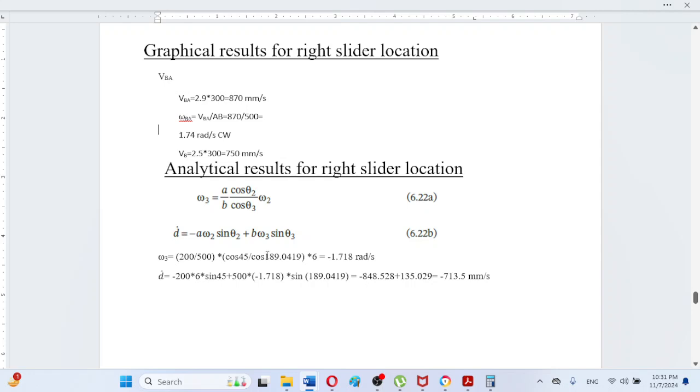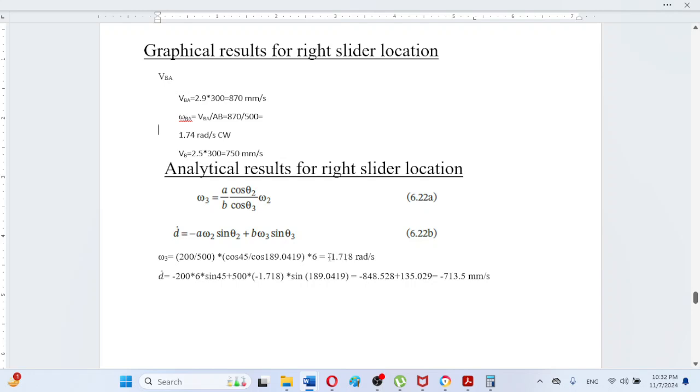So the angle, this angle 189.0419 is actually taken from the analytical results, because while verifying the analytical formulas we will be inputting the analytical angle results, not the graphical results. So remember that while using these formulas, always input the analytical angles and analytical velocities, etc. So this result is equal to minus 1.718.